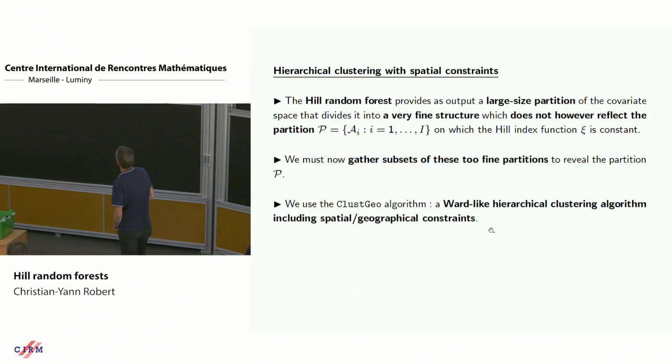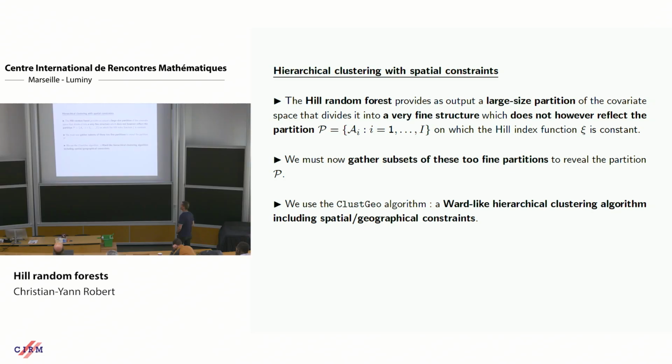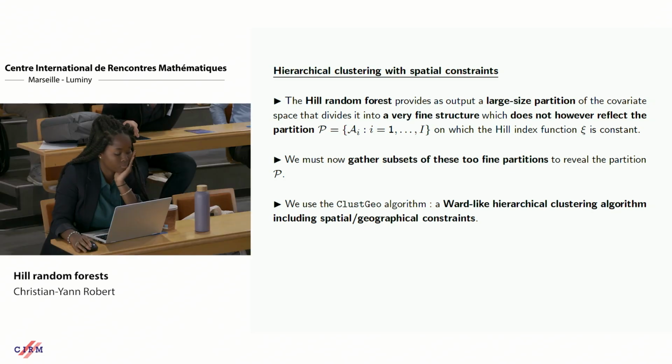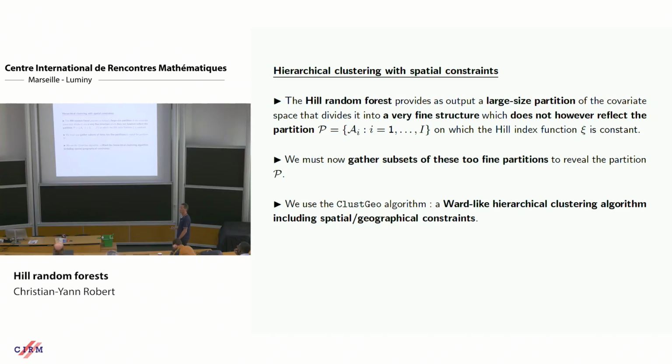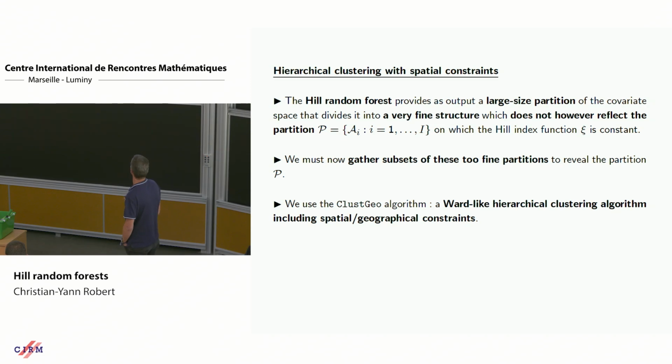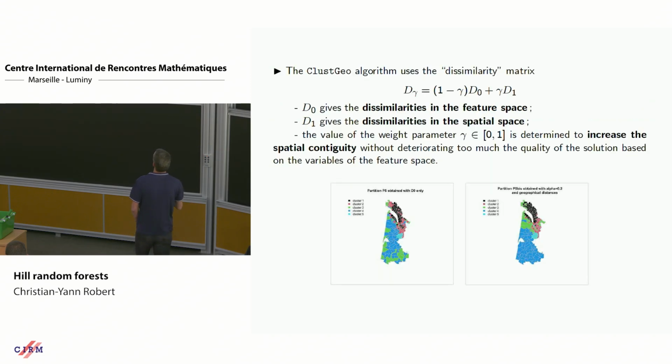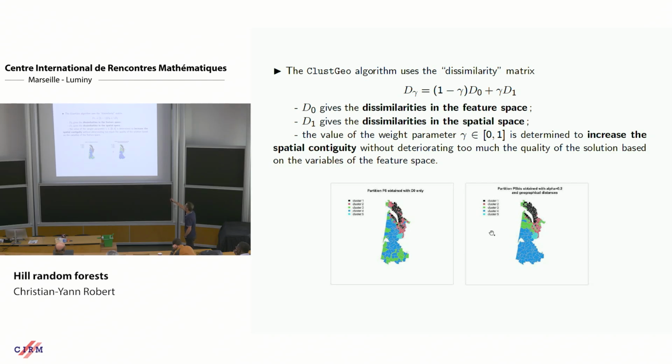Then the second step: now we have to gather these small rectangles, and we decide to use what is known as the ClustGeo algorithm, which is actually a Ward hierarchical clustering algorithm where you consider spatial constraints. So how does it work? In the usual Ward hierarchical clustering, you have a dissimilarity matrix for the features.